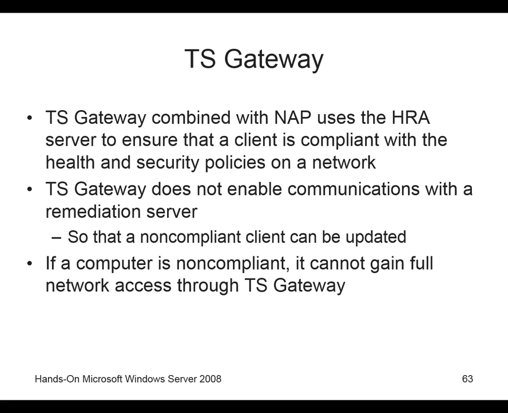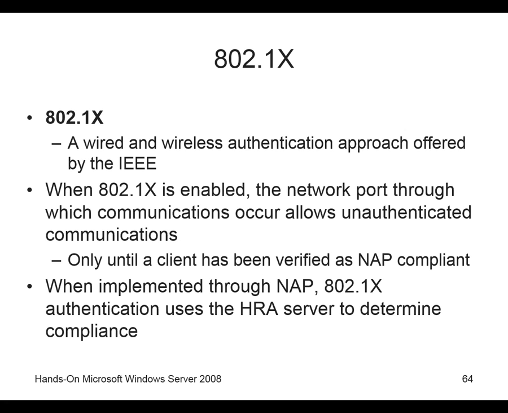If it's not, then it will bring it back up. 802.1x, that's the IEEE standard for wireless authentication approach. It's the new one. Jordan and Cole, this is probably repeating for you. Basically, any communications that are unauthorized or unauthenticated have to go through the NAP compliance.